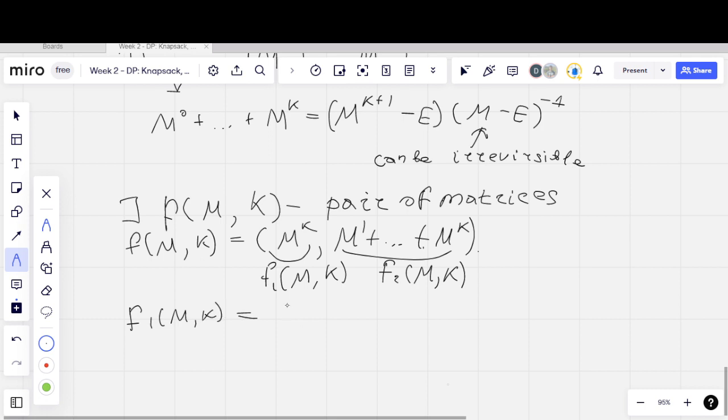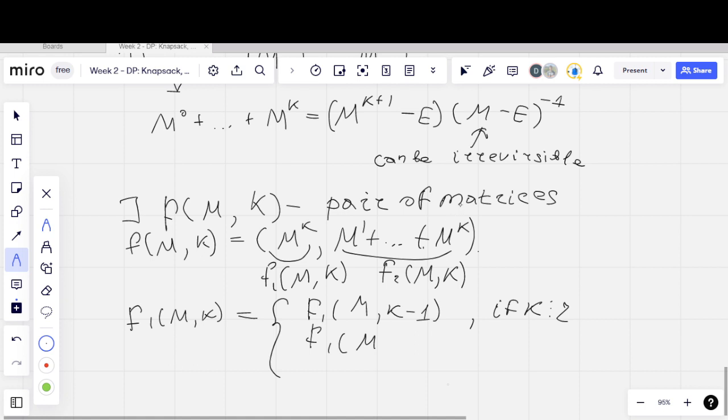It will be a system: f1(M, k minus 1) if k is even, and for f1 we just use the same idea.